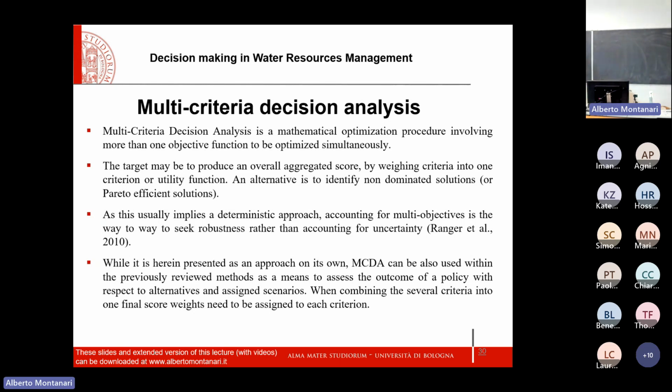In the Pareto solution, just for your information, it's you that gives each criterion a weight. So basically, the Pareto solution is a formal mathematical problem where you, as the engineer, as the responsible person, put together the several criteria by identifying priorities. So it's you deciding, for instance, that the economic benefit has the priority with respect to the environmental impact. So it's a top-down approach, while the priorities may be decided by the stakeholders.